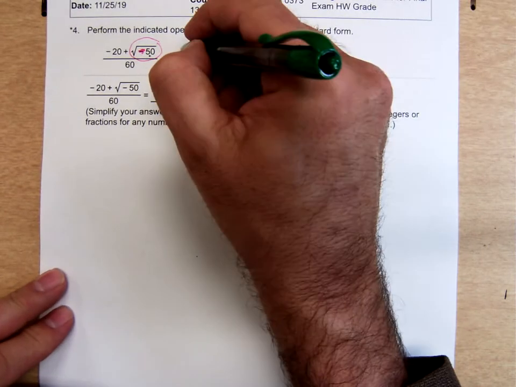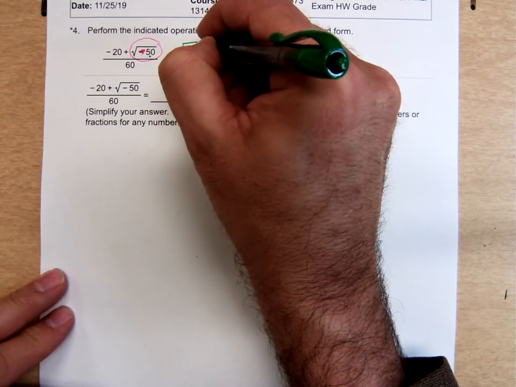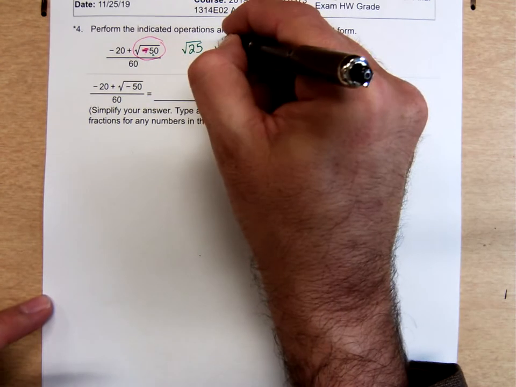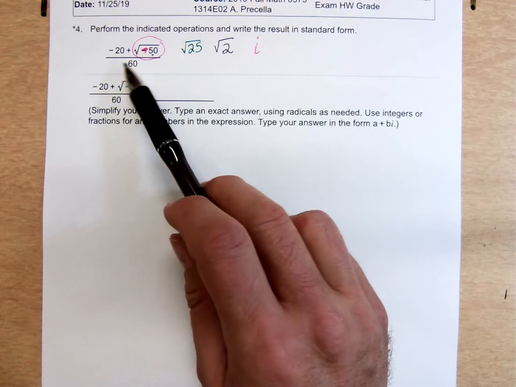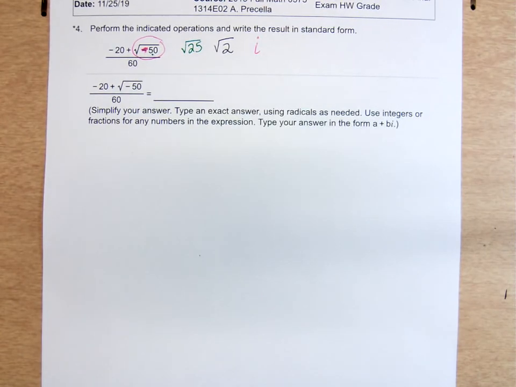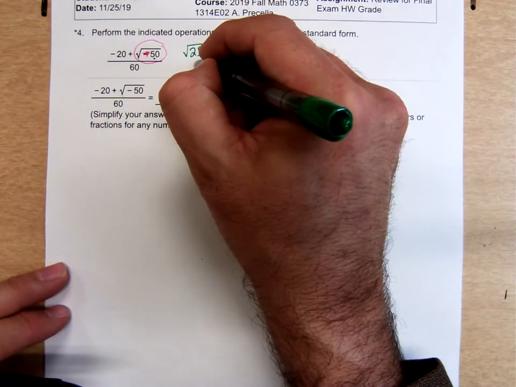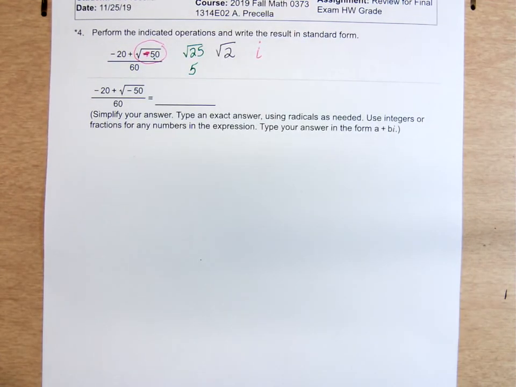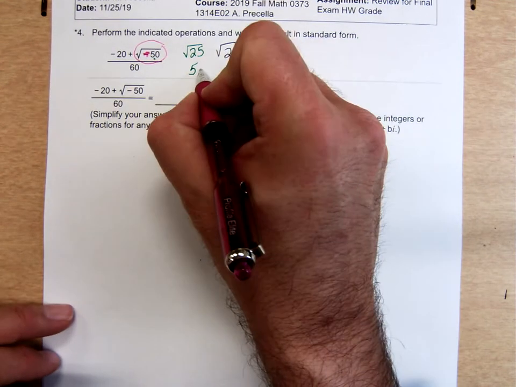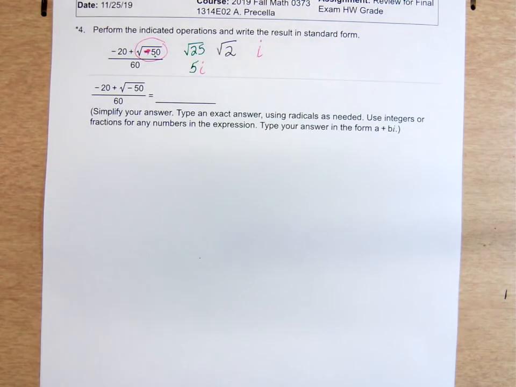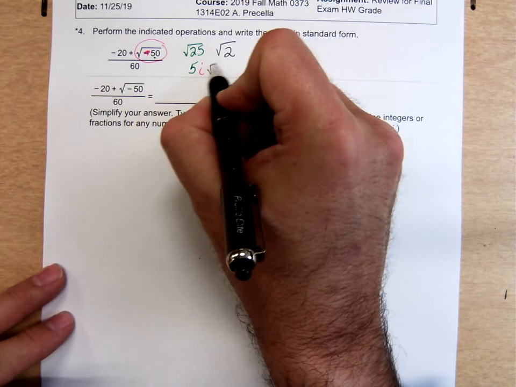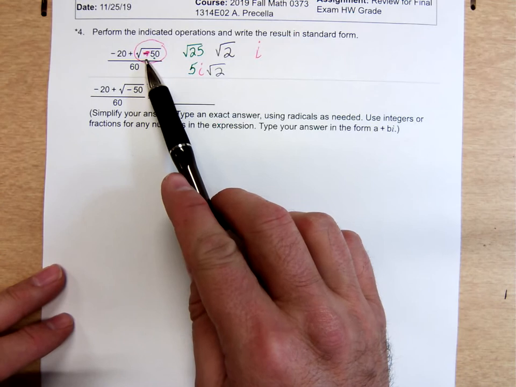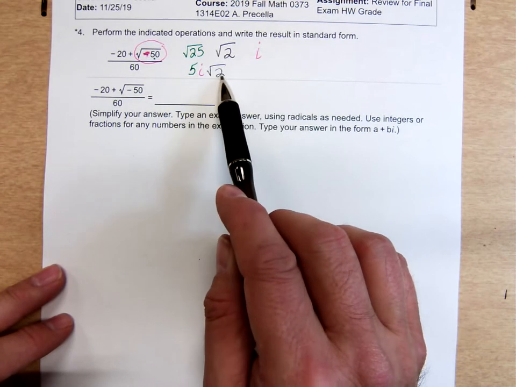So if we think of this as 25 times 2, then this square root I could reduce to a green 5, and then we put the i before the square root. That's the customary way of doing it. So I've reduced the square root of negative 50 to 5i square root of 2.